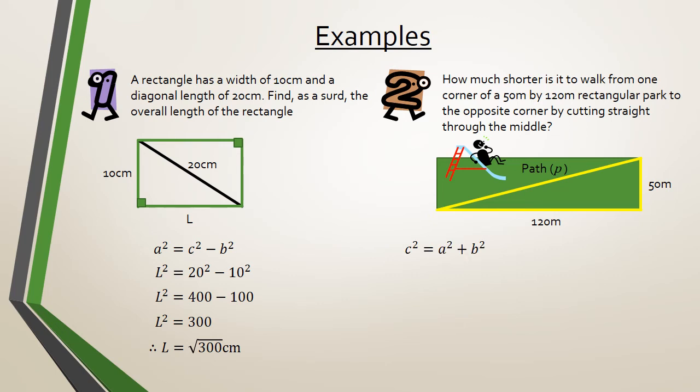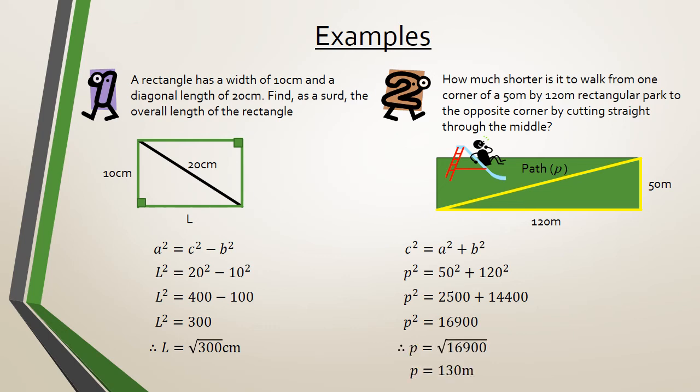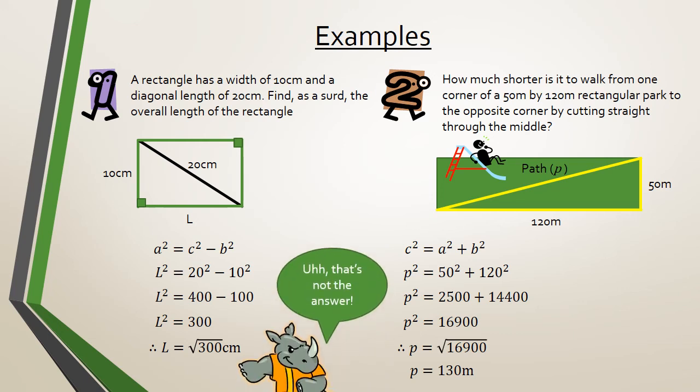So c squared equals a squared plus b squared. If we substitute what we know, p squared equals 50 squared plus 120 squared. Continuing the calculation, we get p squared equals 2,500 plus 14,400. Adding them together gives us 16,900, and then we take the square root to find out what p is, and we get 130, which should be our answer.